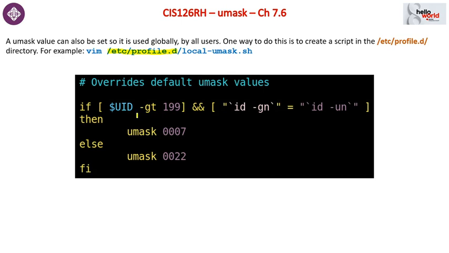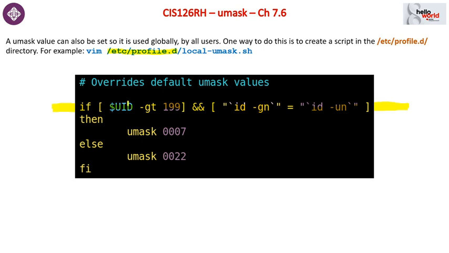What it says is, if the user ID is greater than 199. Interestingly enough, this whole line is in RHEL 8, but this is old code. This is from RHEL 6 at least or before, because this actually should say 999. But just leave it be. And this over here is bad practice.